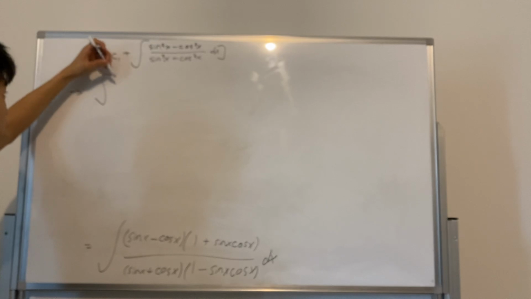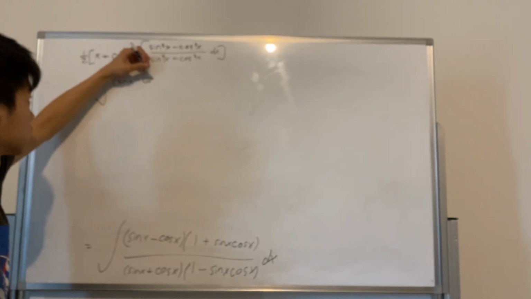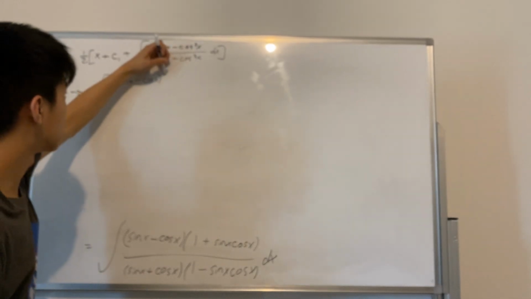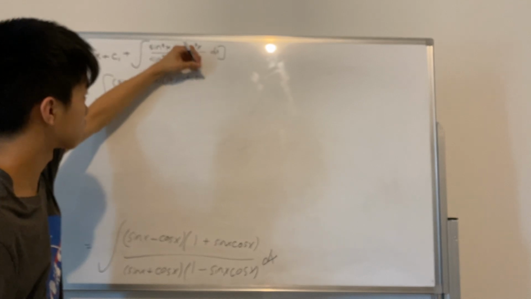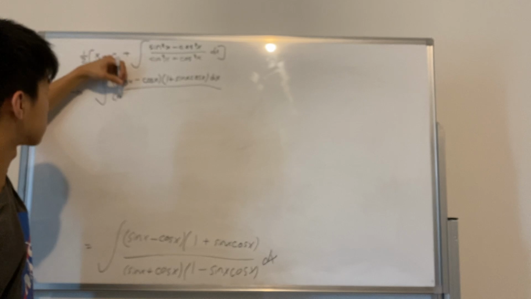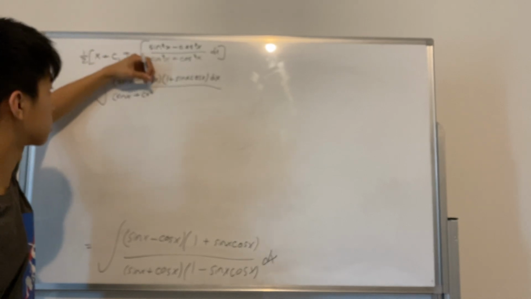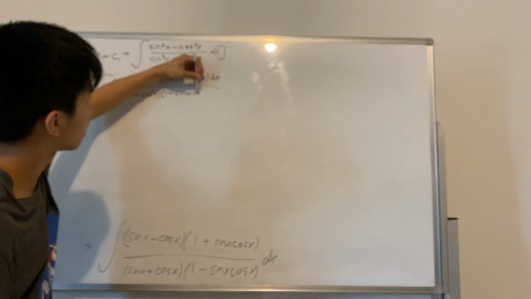So we're trying to find the integral of sine x minus cosine x times 1 plus sine x cosine x dx over sine x plus cosine x times 1 minus sine x cosine x.